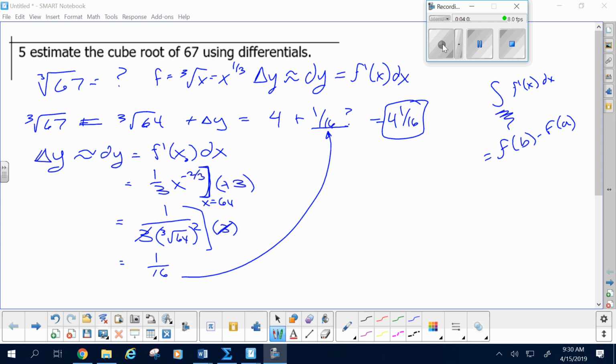Delta y, not dy. Delta y, what is it? Okay, dy is an approximation of the change. Delta y represents the true change. So, what is it?